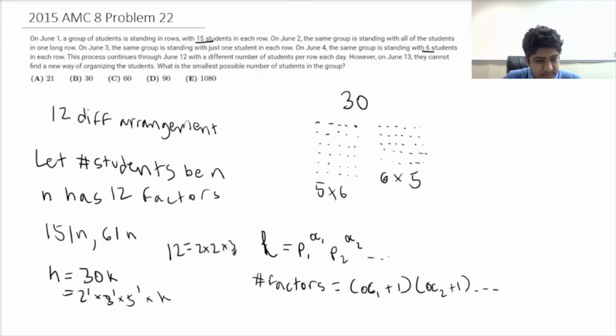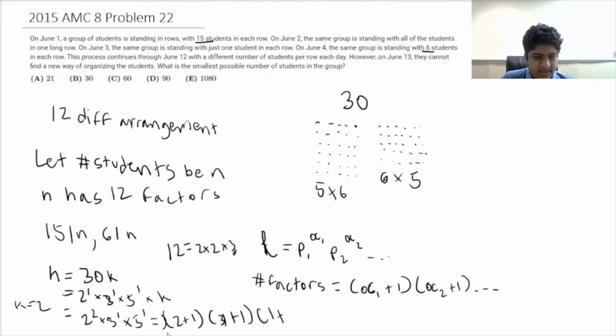And since we already have a 2 being contributed from 3 to the 1 and a 2 being contributed from 5 to the 1, we can just tack on another 2. And if we let k equal 2, this will become 2 to the 2 times 3 to the 1 times 5 to the 1, which will have 2 plus 1 times 1 plus 1 times 1 plus 1, which is equal to 12 factors.